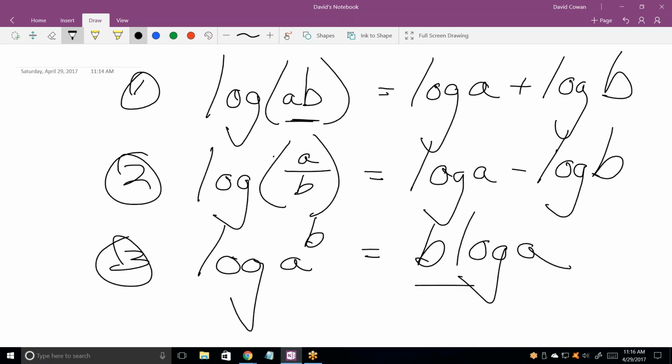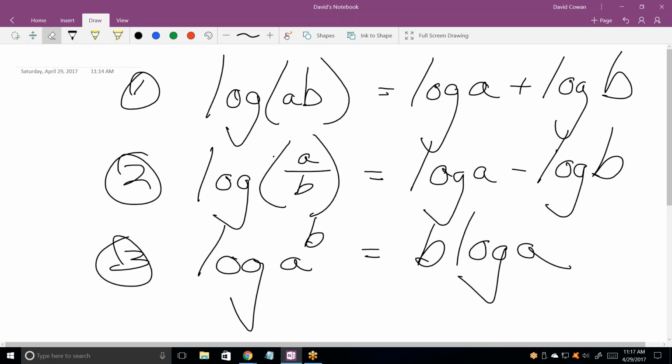Again, you're doing multiplication one level less than exponentiation. In the first rule, you're doing addition one level less than multiplication. In the second rule, you're doing subtraction one level less than division. And in the third rule, you're doing multiplication, which is one level less than exponentiation. That's the way to remember it.